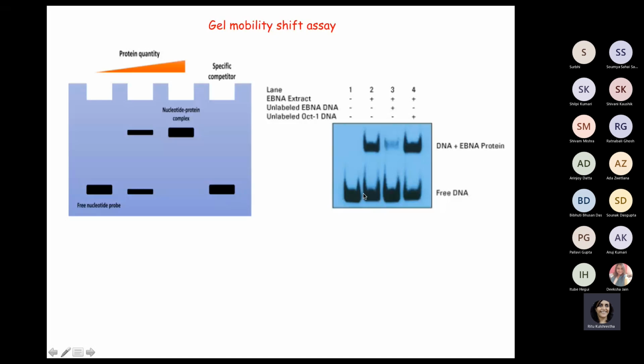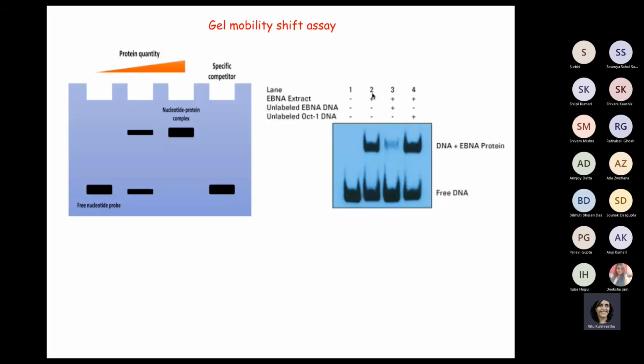So this is just the DNA which is labeled. Here it is incubated with the Epstein-Barr virus extract. In some cases, if you're very sure which protein binds to it, you take the purified protein. So two things that you would require are the DNA fragment which is labeled and a purified protein if you have it.